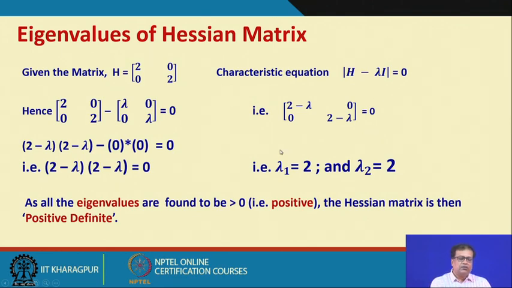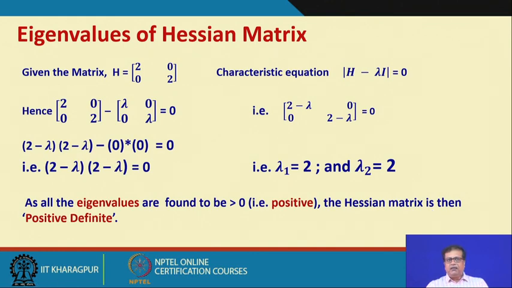So, when you try to solve them, then you multiply 2 minus lambda into 2 minus lambda minus 0 into 0, and that gives us 2 minus lambda into 2 minus lambda equal to 0. So, it is factorized already. So, we do not have to do anything. Therefore, we find lambda 1 equal to 2 and lambda 2 equal to 2 also. So, all the eigenvalues are found to be greater than or equal to 0, that is positive. So, we then say the Hessian matrix is then positive definite.